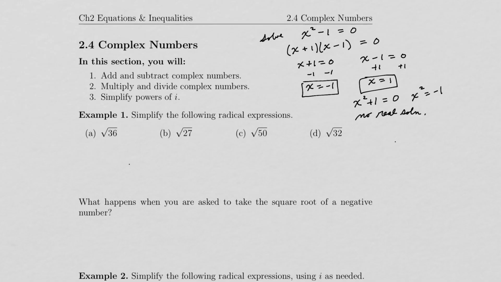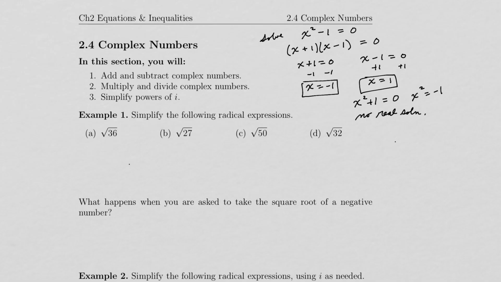So how do we handle this? Because in general, whenever you have a quadratic equation like this, there should be two solutions. They may not be two real solutions, but there should be two solutions. So you'll see in a minute, we have to define what we mean by the square root of negative 1, and that will allow us to come up with two solutions.